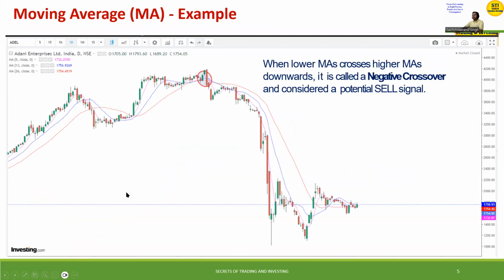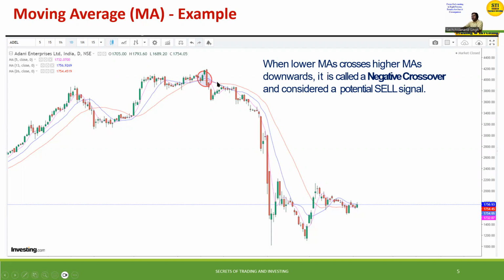Another example of moving average is the negative crossover. It's the same thing, a reverse concept. We are again adding the 5, 13, 26. In a negative crossover, the lower time frame moving average is crossing below the moving average of the higher time frame. That means the 5 moving average is crossing downside to the 13 and 26, and 13 is also crossing down to the 26.